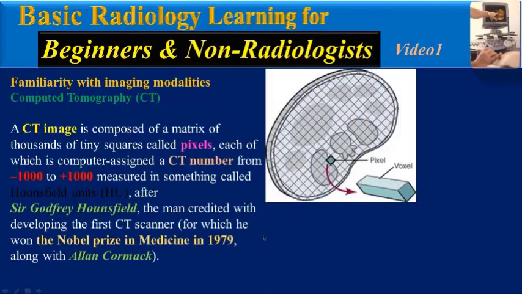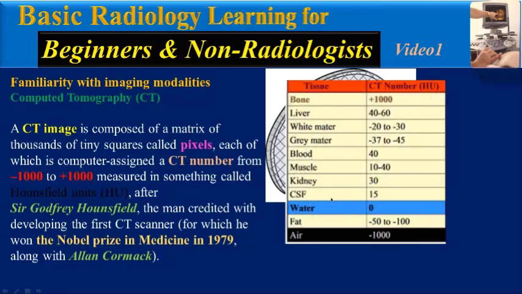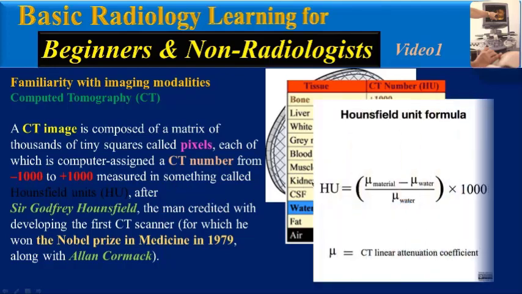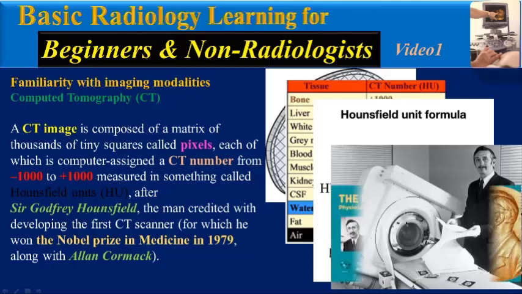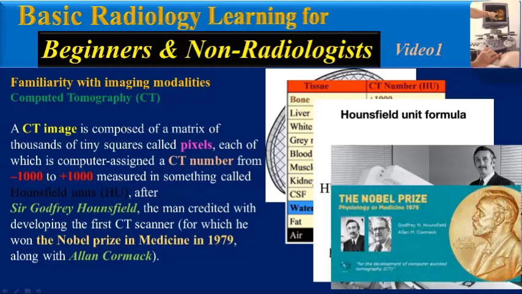A CT image is composed of a matrix of thousands of tiny squares called pixels, each of which is computer assigned a CT number from -1000 to +1000, measured in Hounsfield units, after Sir Godfrey Hounsfield, the man credited with developing the first CT scanner, for which he won the Nobel Prize in Medicine in 1979 along with Alan Cormack.